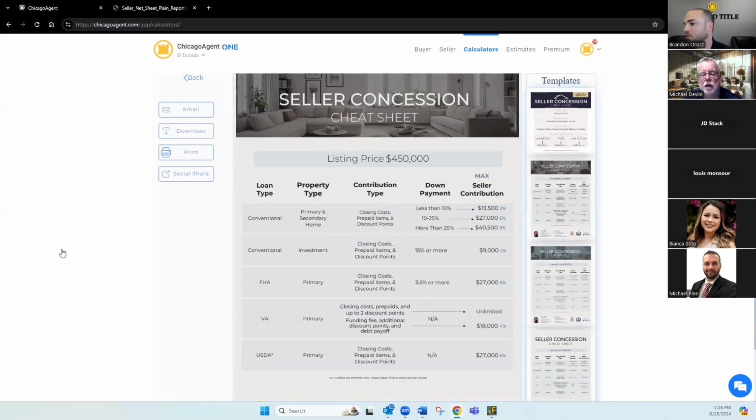It shows conventional investment means non-owner occupied. It's a set amount. FHA is a set amount. VA doesn't apply because VA is usually no money down, there's funding fees. In U.S. Department of Agriculture, I haven't seen one of those in a really long time.